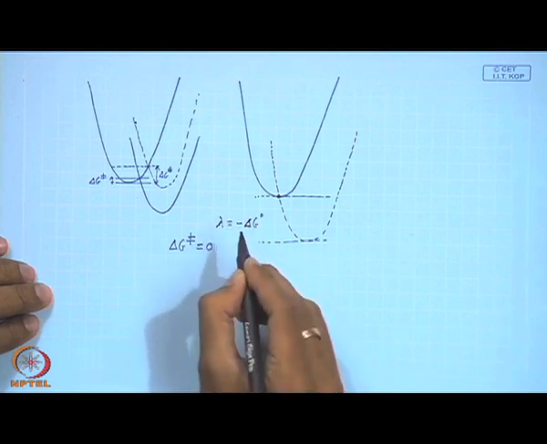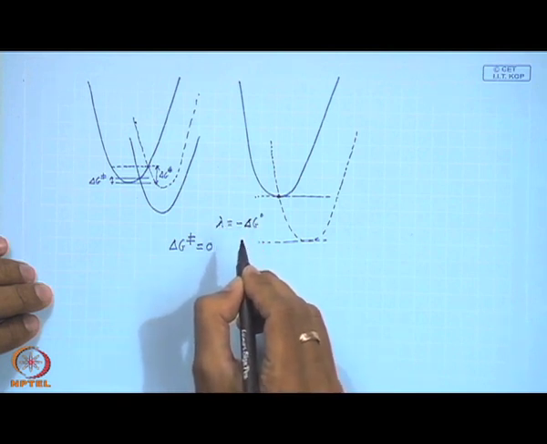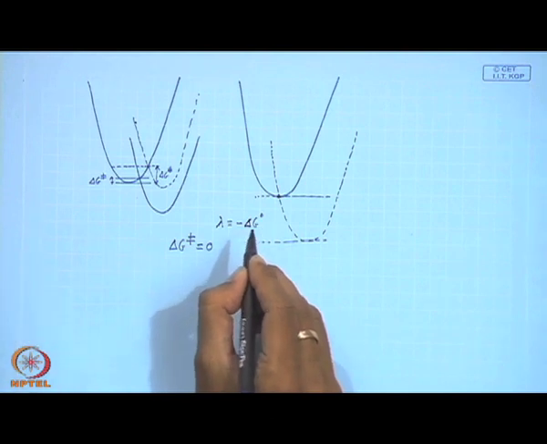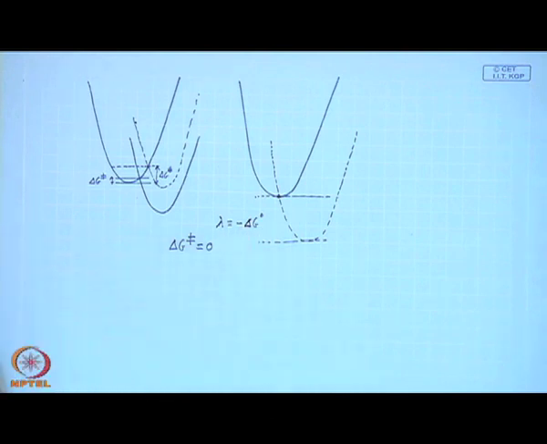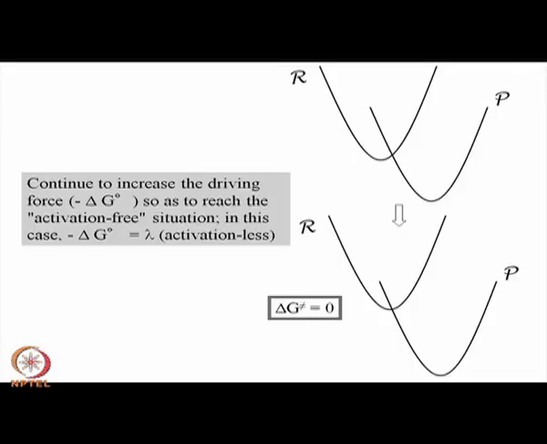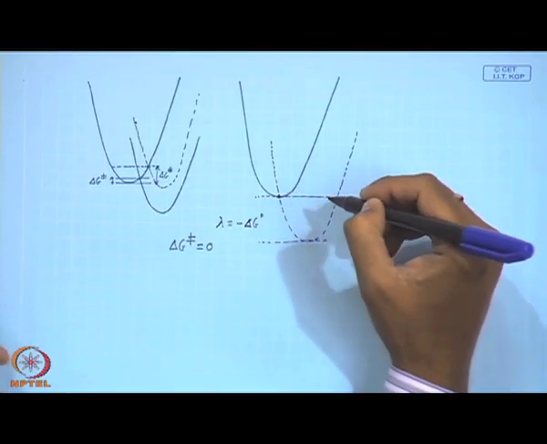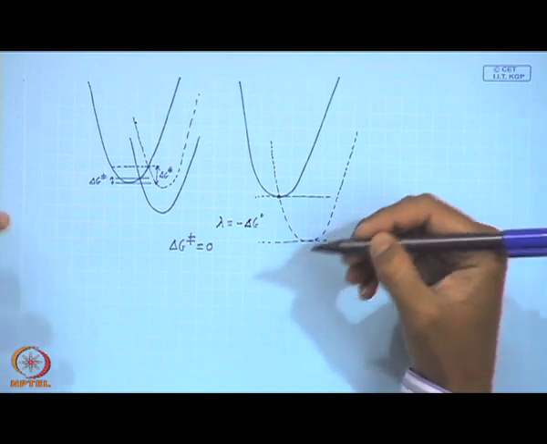That means your reorganization energy is exactly equal to minus delta G 0. Okay. So, in this way, if you keep on changing, I mean you play with parameters of this donor and acceptor pair, so that the second potential energy surface, or the relative position of the potential energy surface, is changing.